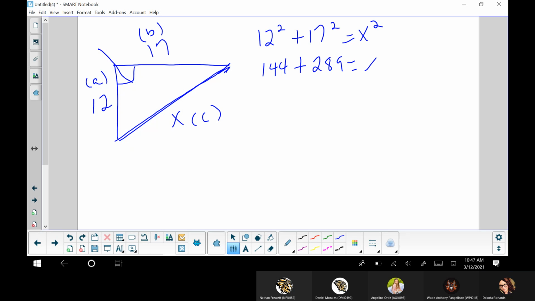X squared. Okay, so when you add those, you get 433. And then take the square root. You should get 20.81 as that third side.